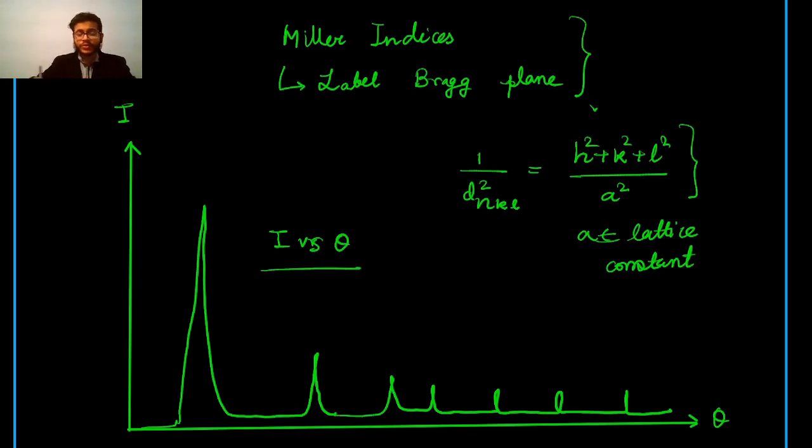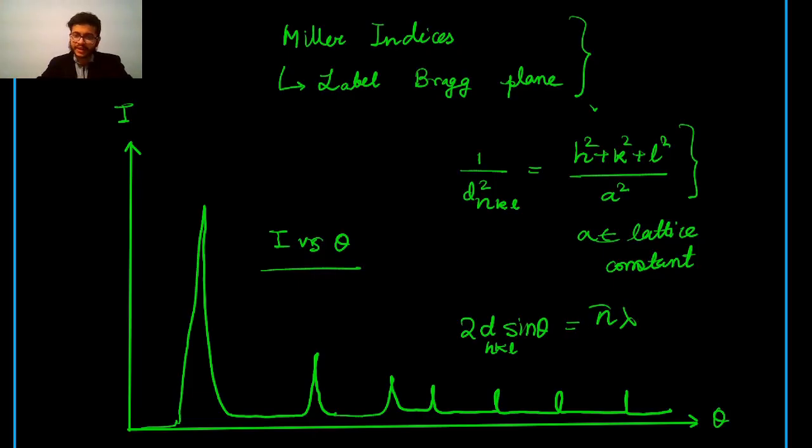From Bragg's law, what we know is 2d sine theta equals n lambda, where d is d_hkl, the Bragg planes.